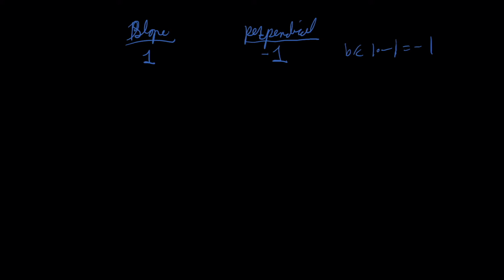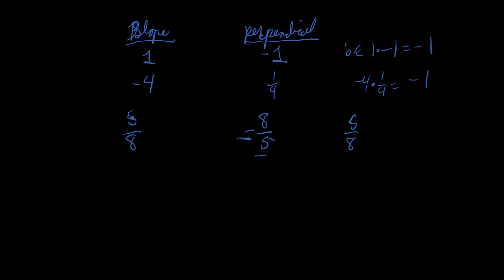If I have a slope of -4, what would I want to multiply -4 by to get -1? Sometimes this is called the negative reciprocal. So I take the reciprocal of -4, which would be -1/4. But I need to take the negative of that, which gives me +1/4. And -4 times 1/4 is -1. If I have 5/8, I'm going to multiply by -8/5. See, I took the negative reciprocal.